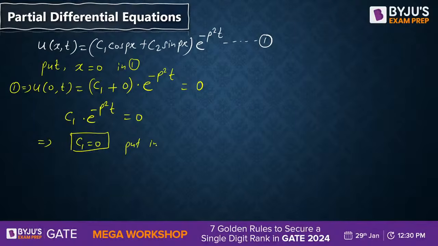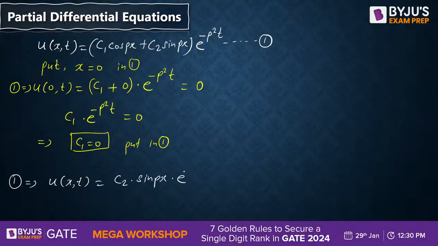Put this C1 in equation 1 and you will get a compact solution. C1 is 0, so the first term will vanish. You will get C2 sin px e to the power minus p square t. This is my equation number 2.